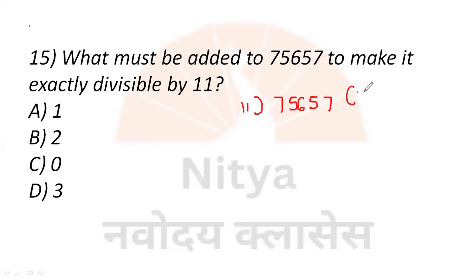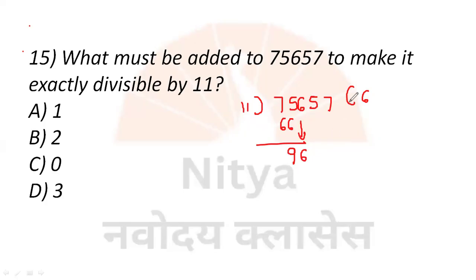So 11 sevens are 77. That is the highest we can take, no? 11 6s are 66. So 77 minus 66 is 9. So bring down 6.